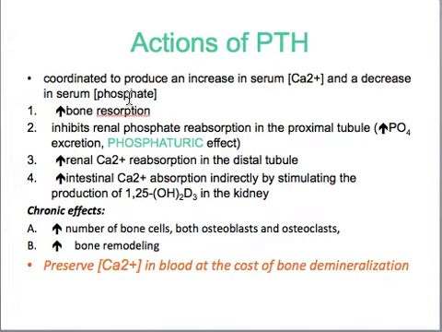It does this by increasing bone resorption and inhibiting renal phosphate reabsorption in the proximal tubule, hence its phosphaturic effect. For calcium, it increases renal calcium reabsorption in the distal tubule, and it increases intestinal calcium absorption by activating your 1-alpha hydroxylase, therefore activating your vitamin D. So the end result of your PTH is to preserve calcium in the blood at the cost of bone mineralization.